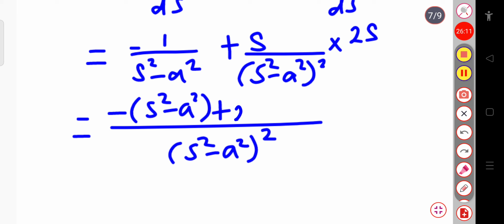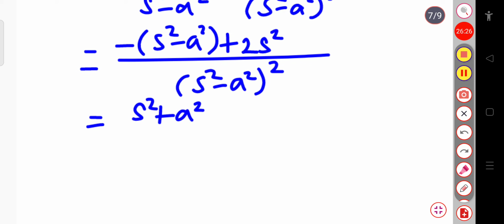Now if I solve this, 2s square minus s square is s square, and this minus gets multiplied here. So this will be minus minus plus, giving (s square plus a square) divided by (s square minus a square) whole square.